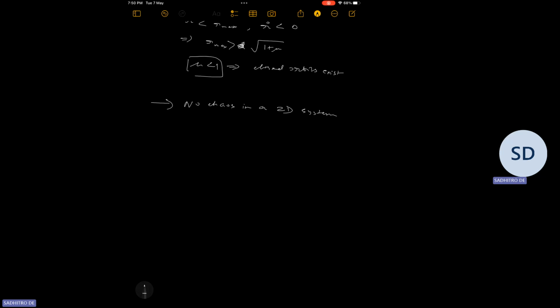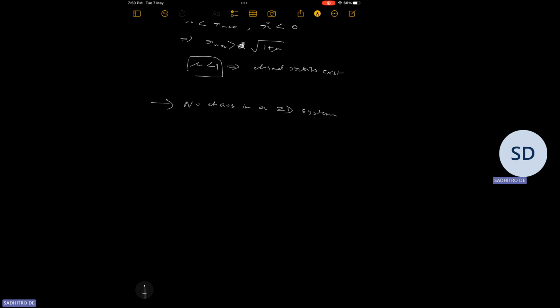For example, in a three-dimensional system, the trapping region will correspond to a volume which is enclosed by two shells. Those shells can be spherical or non-spherical, and within that volume, the trajectories can wander about in different directions, and they need not correspond to a limit cycle.